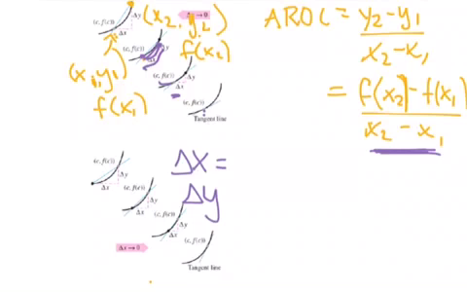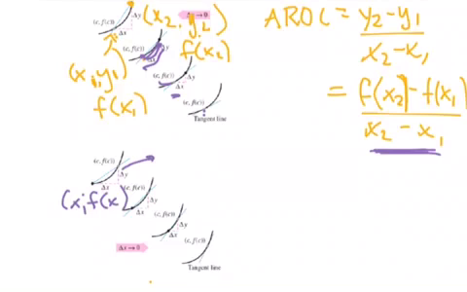Okay, so that means my 2 points then are going to have the following labels. Okay, so I'm going to have my x value. So I have x and f of x. And my second point is going to be x plus some small change. So that means my function is going to be f of x plus delta x rather than y.